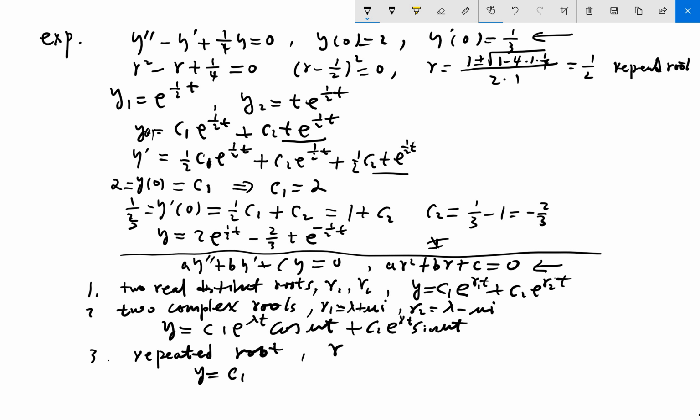So whenever you are given a second order linear homogeneous equation with constant coefficients, what do you need to do? Write down its characteristic equation and find its roots, see which situation applies, then pick the right one. You solve it.